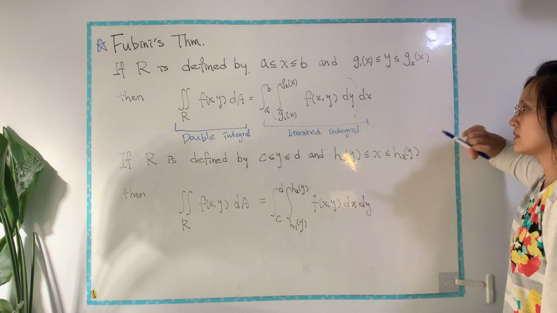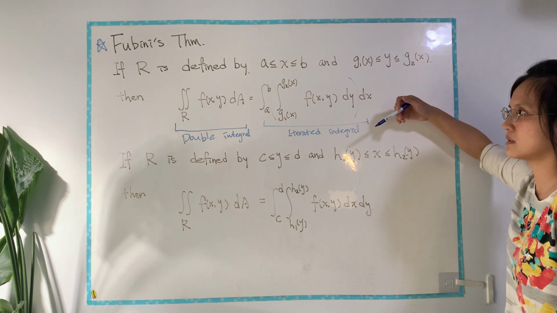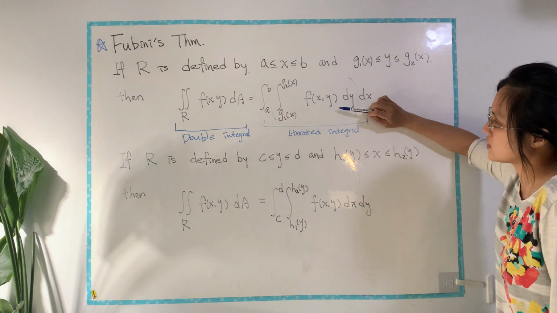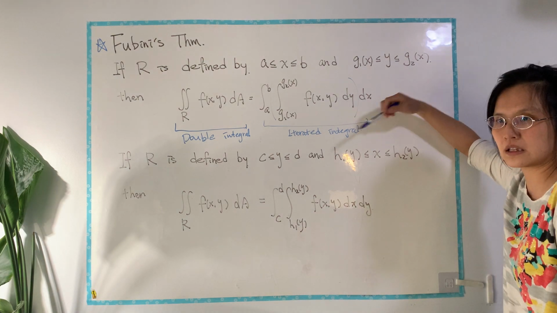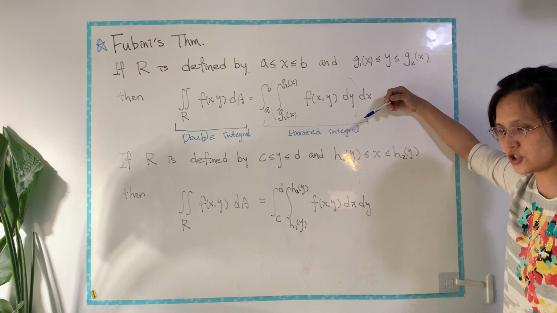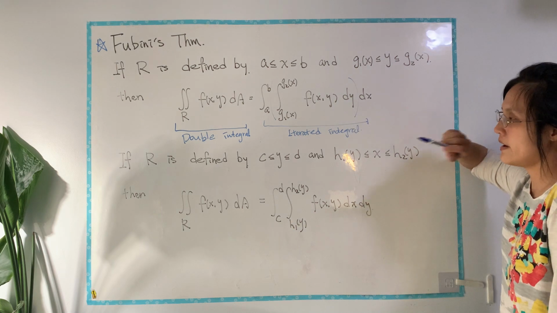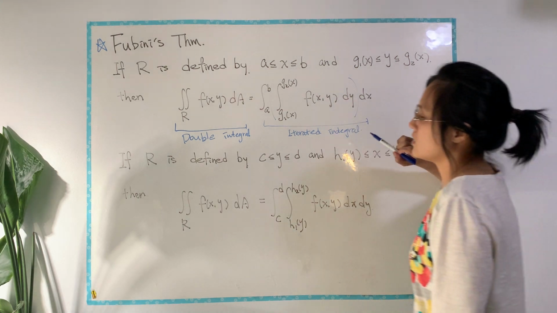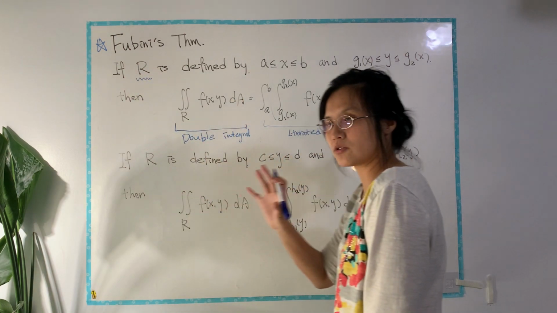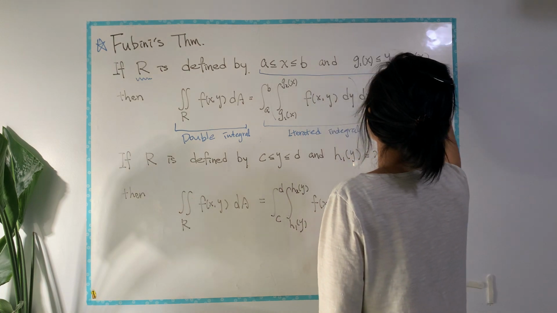All right. So now the key here is, when can you use Fubini's theorem? First of all, the integrand that you have must be a continuous function, which is the only case you will be dealing with. And two, you need to be able to describe the region R using inequalities.